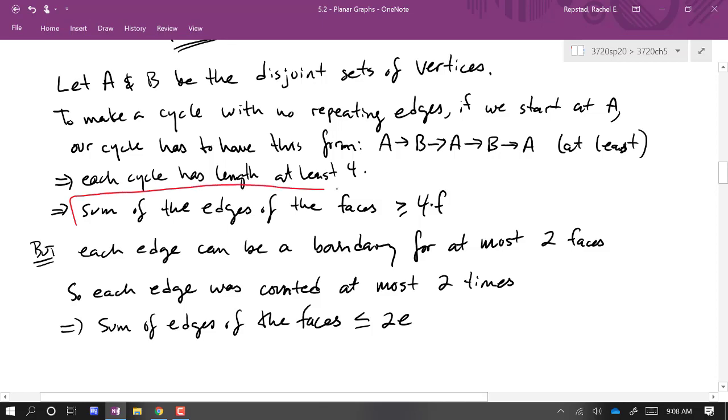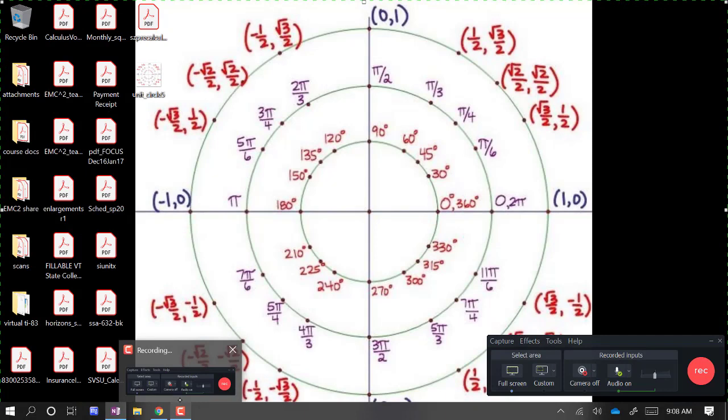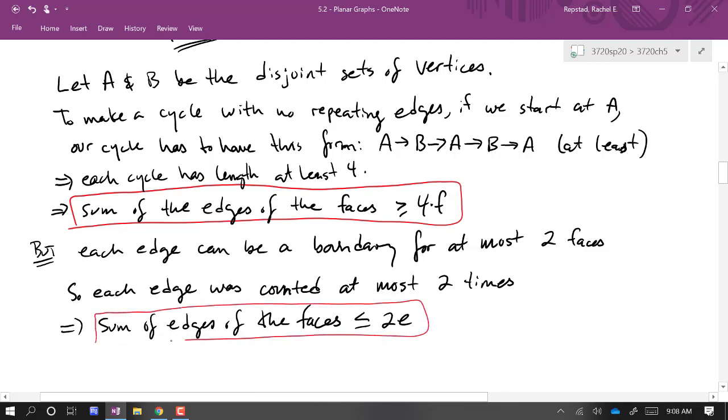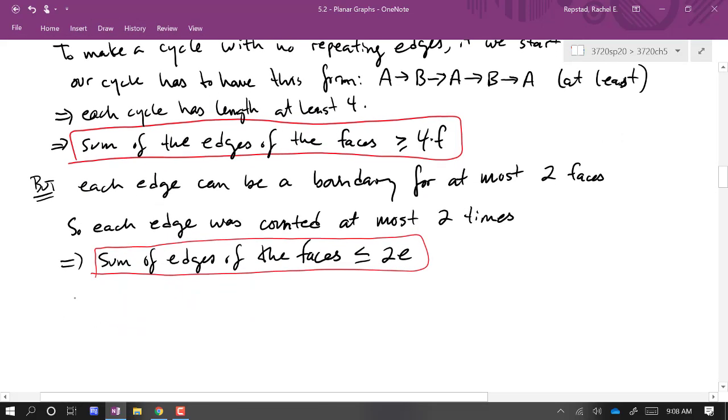The sum of the edges of the faces, whatever that is, is at least 4 times f, but at the same time, the sum of the edges of the faces is no more than 2 times e. So combining these inequalities, we get that 4f is less than or equal to 2 times e.